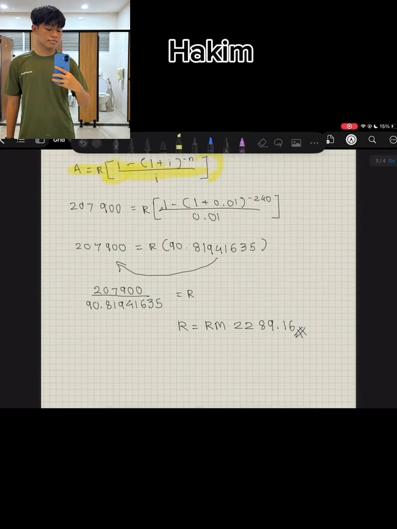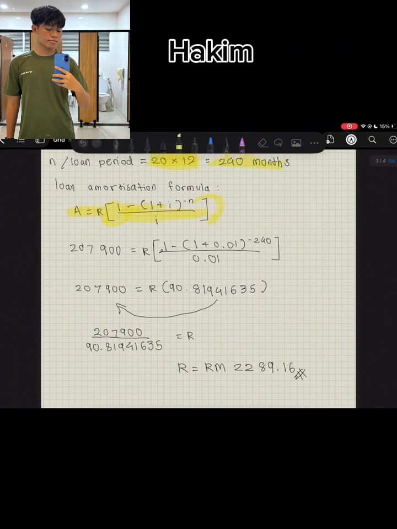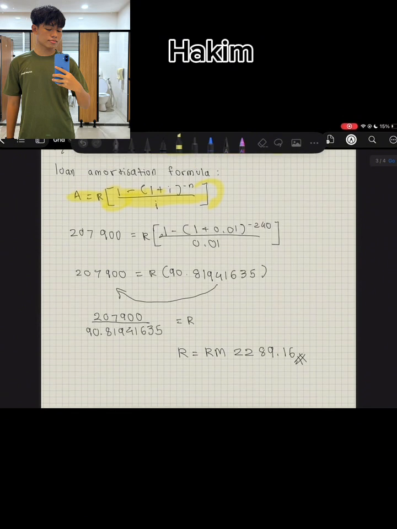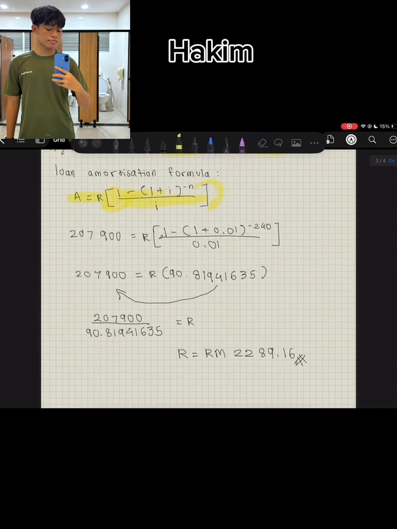Finally, by dividing 207,900 by this factor, we get a monthly installment R of RM 2,089.60. So this is the answer.